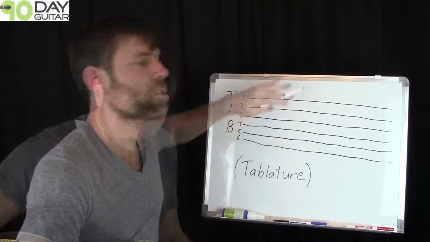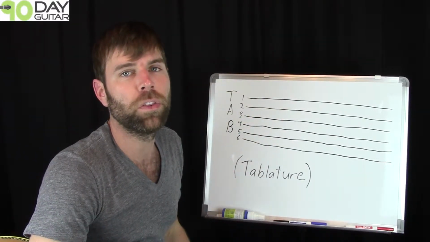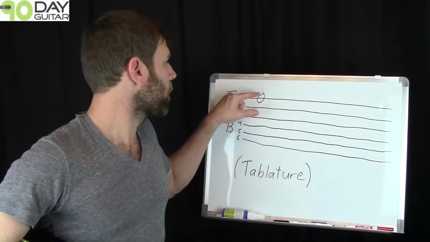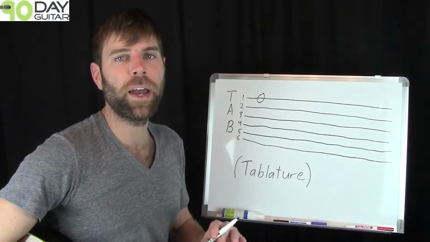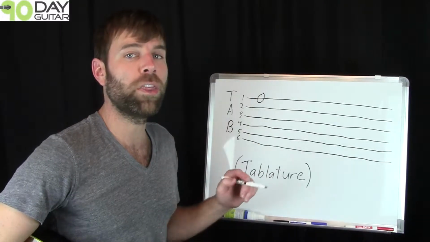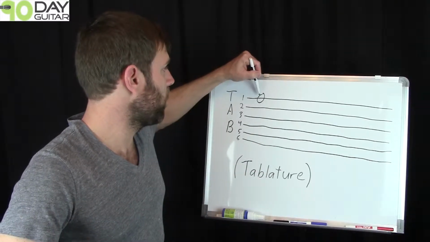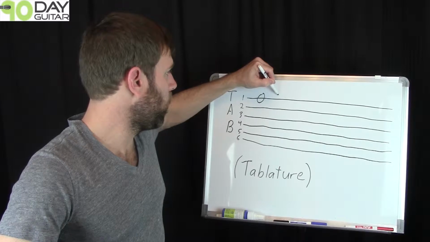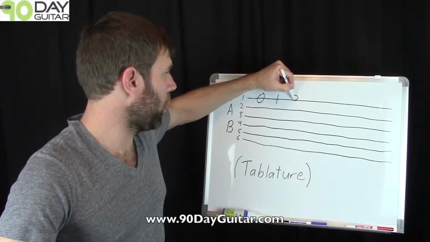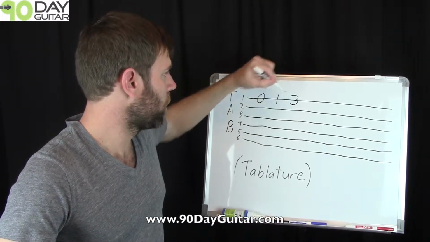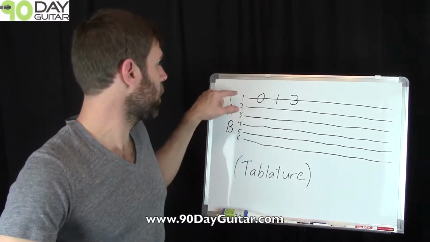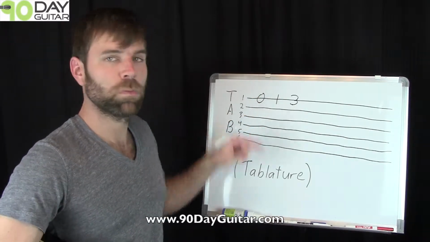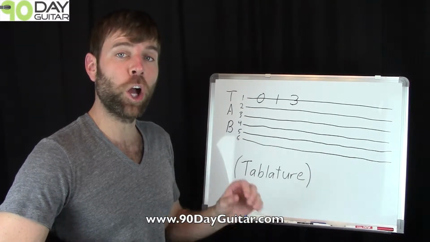You're going to start to see numbers on the strings. Whatever the number is represents what fret you're going to play on that specific string. So if we have a 0, a 1, and a 3, that means on our first string we play a 0, which is that first string open.